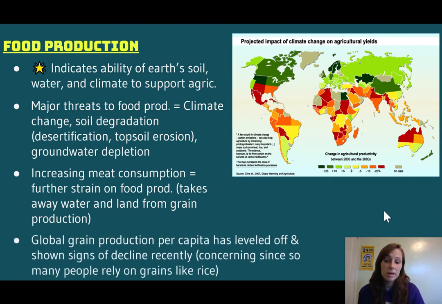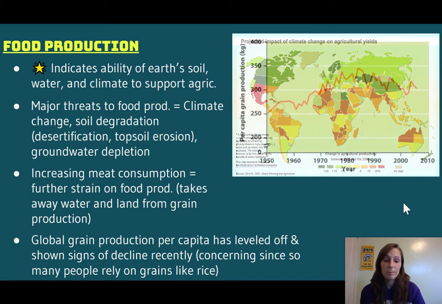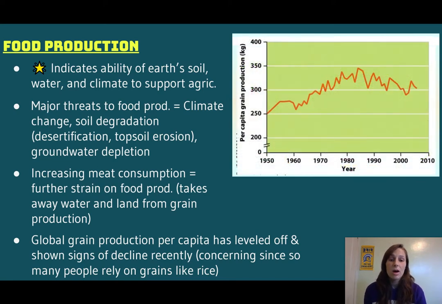Now, one of the concerning things that we have actually seen is that global grain production per capita, which means per person, has leveled off and actually shown signs of decline recently. So if we look at this graph here, this is the amount of per capita grain production over time. We see that it peaked around the 80s, and it's actually been declining since then.